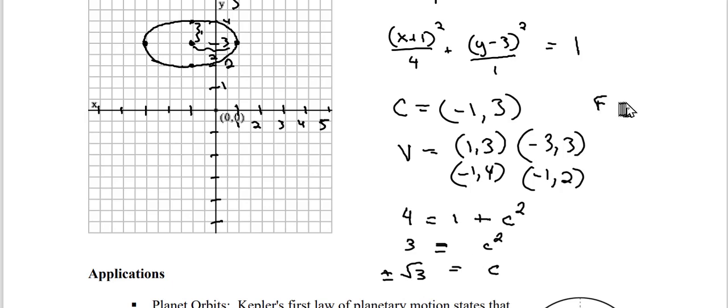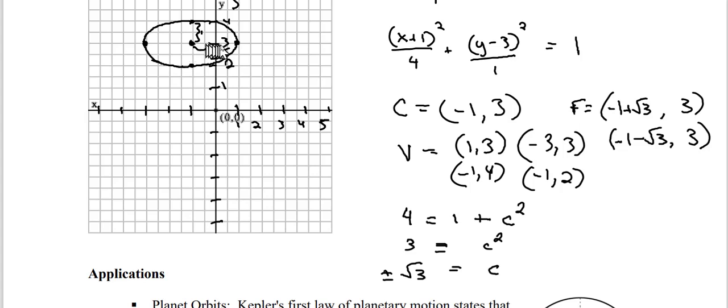To find the foci, from my center, I need to go to the right a distance of √3. That changes my x coordinate. Leave the y coordinate alone. So -1 plus √3. It's crammed in here a little, hard to see. -1 plus √3, and the y coordinate from the center doesn't change, and -1 minus √3.